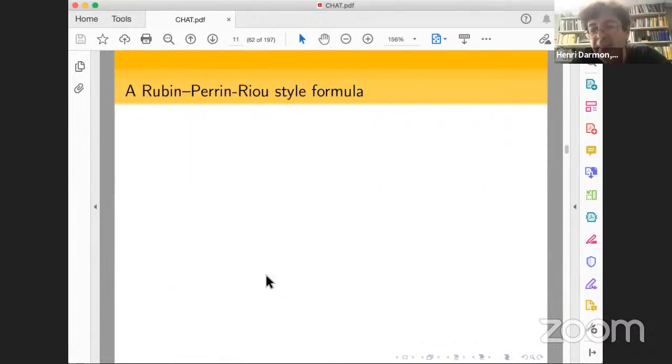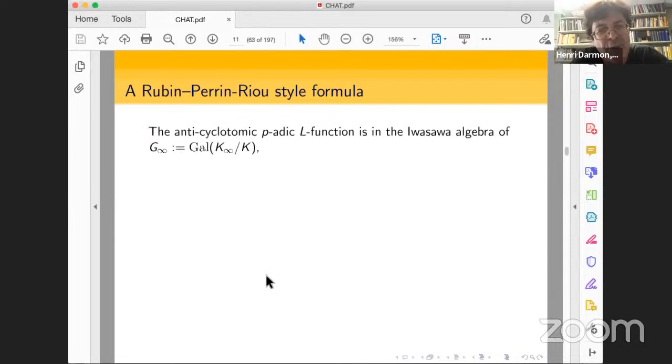Now, another thing that came out of this project to understand the anti-cyclotomic p-adic L-functions and Mazur-Tate-Teitelbaum style conjectures was a formula in the style of Rubin and Perrin-Riou. And that's the first thing that I think really pleased us in this project.